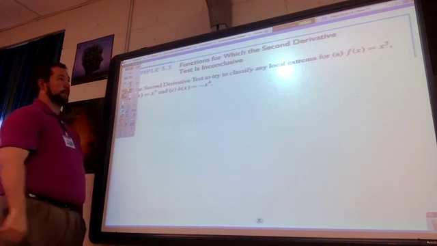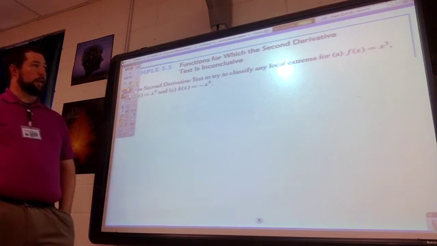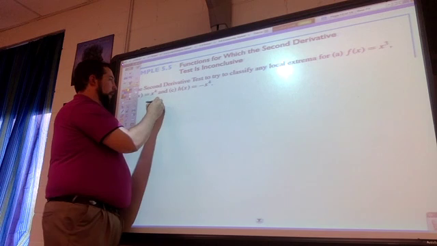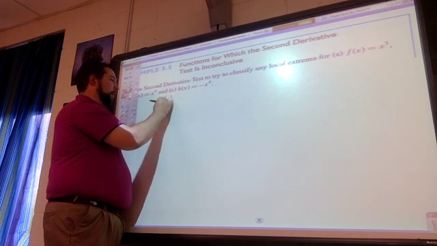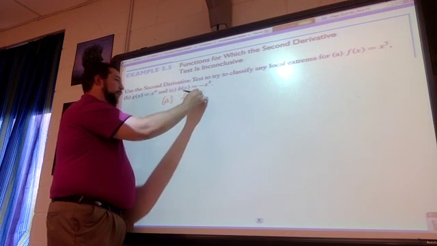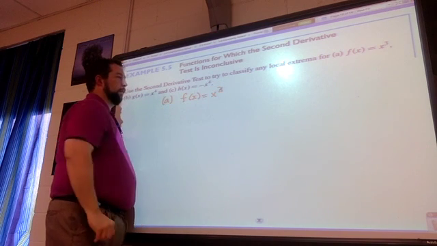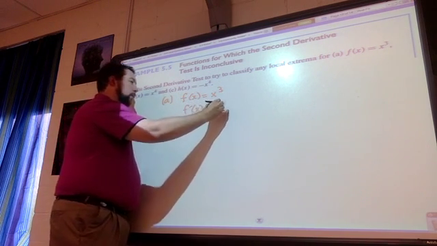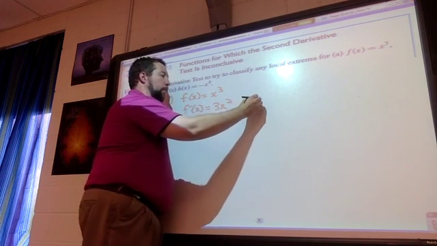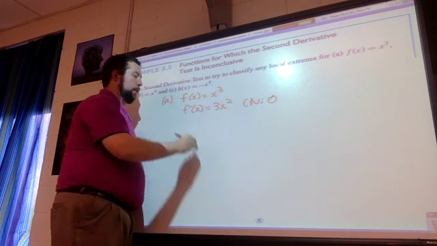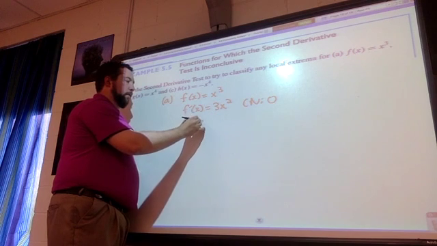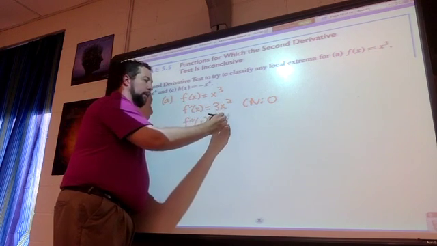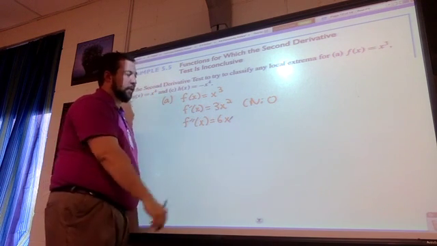All right, so let's take an example of this. Let's look at, got a couple problems here. A, f of x is equal to x cubed. So the first derivative would be 3x squared. So our critical number would be 0. And the second derivative is 6x, which, what makes that 0?